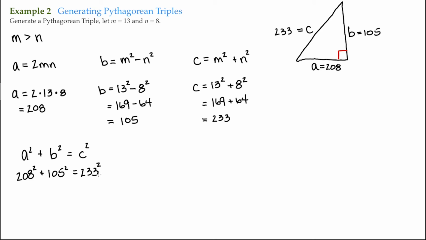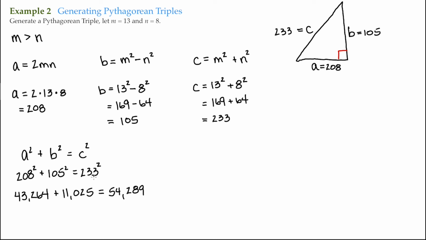208 squared is 43,264. 105 squared is 11,025. 43,264 plus 11,025 is 54,289.